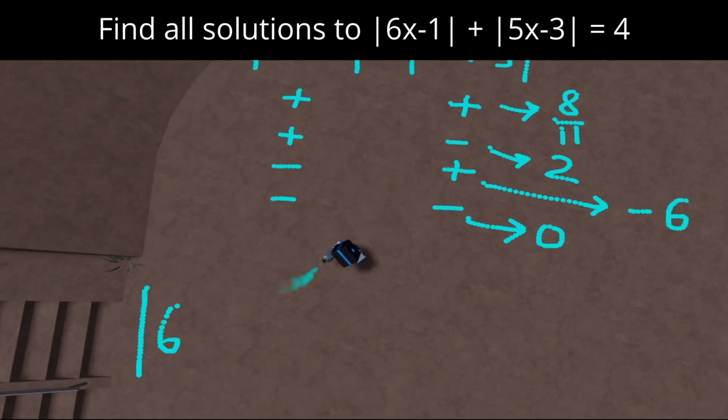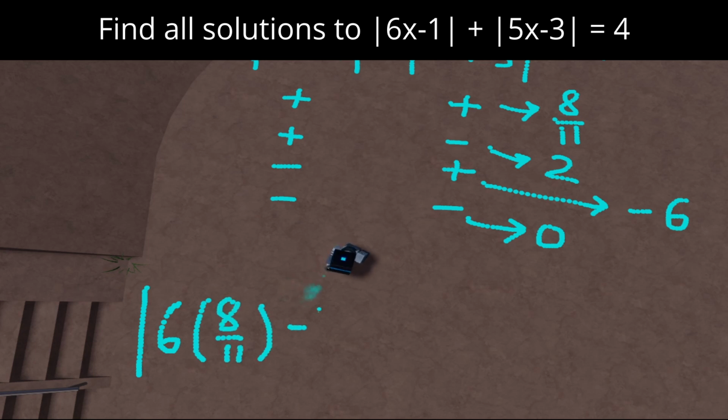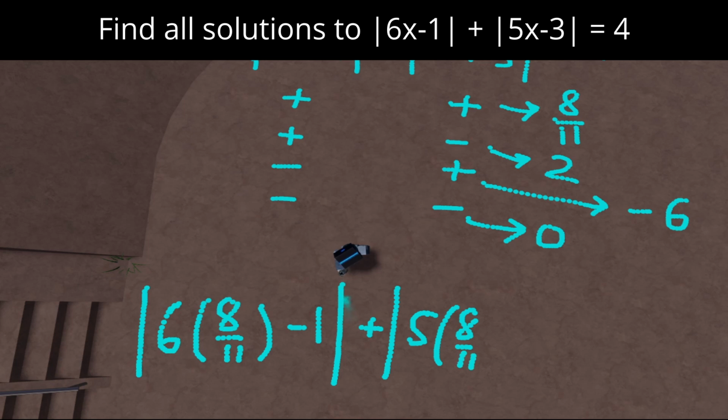We have |6 times 8/11 - 1| + |5 times 8/11 - 3| has to be equal to 4.